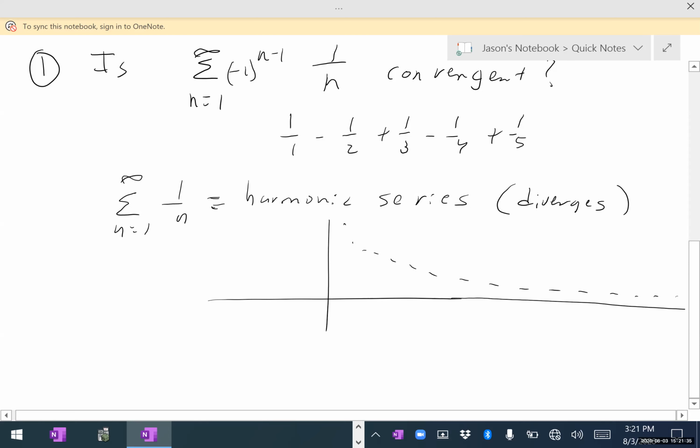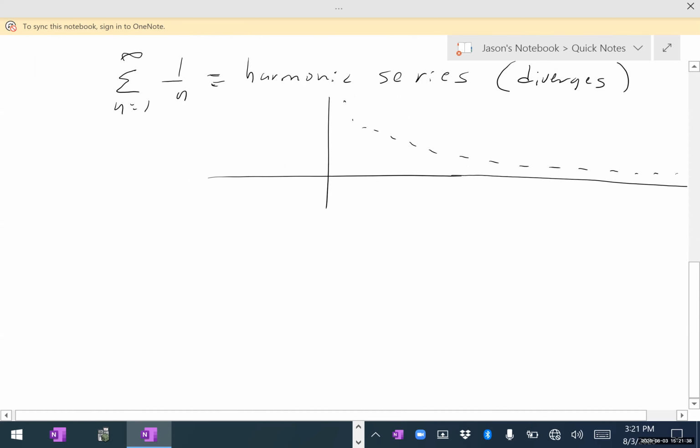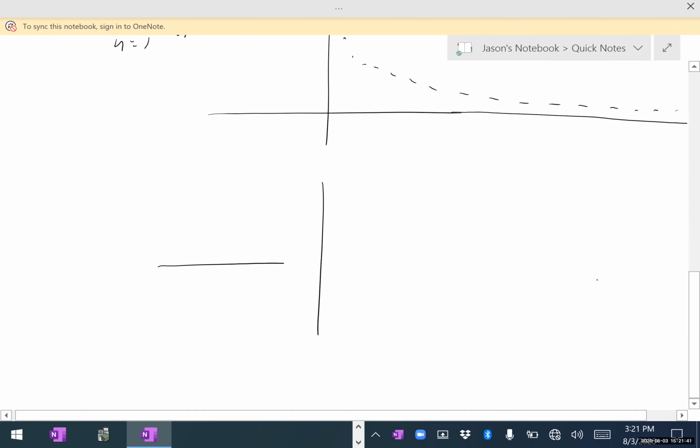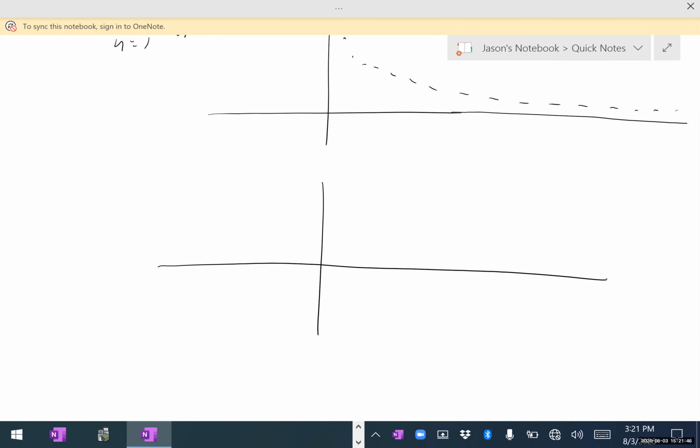But if it happens to oscillate back and forth, then we say that it does converge. We could start at 1, then add a negative 1/2, then add 1/3, then go to negative 1/4, then add 1/5, and we would keep oscillating back and forth.